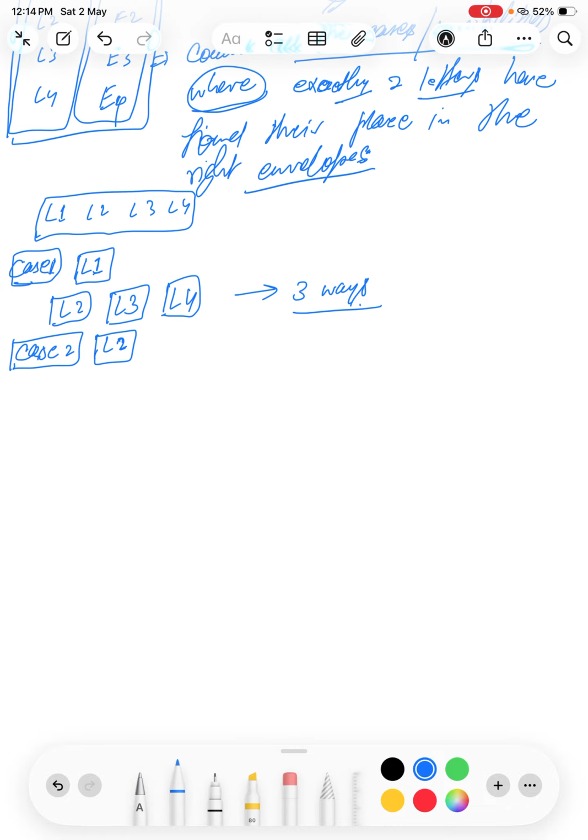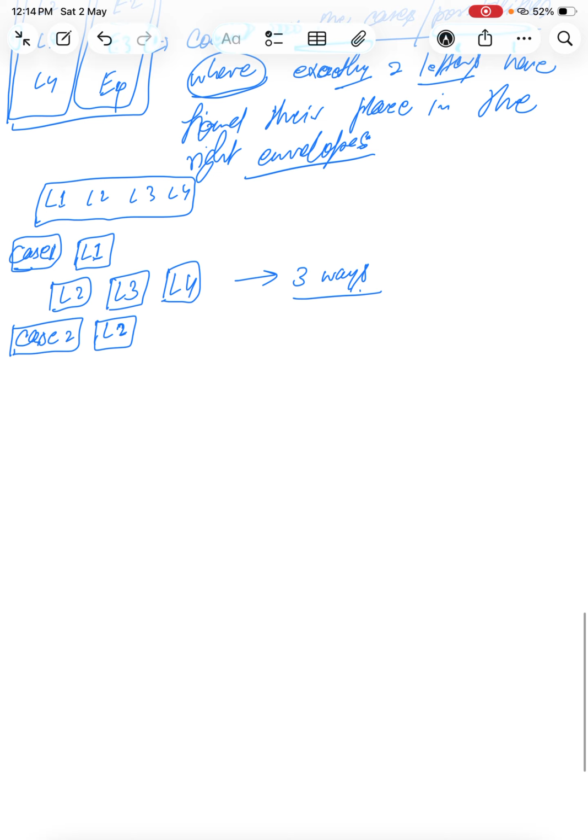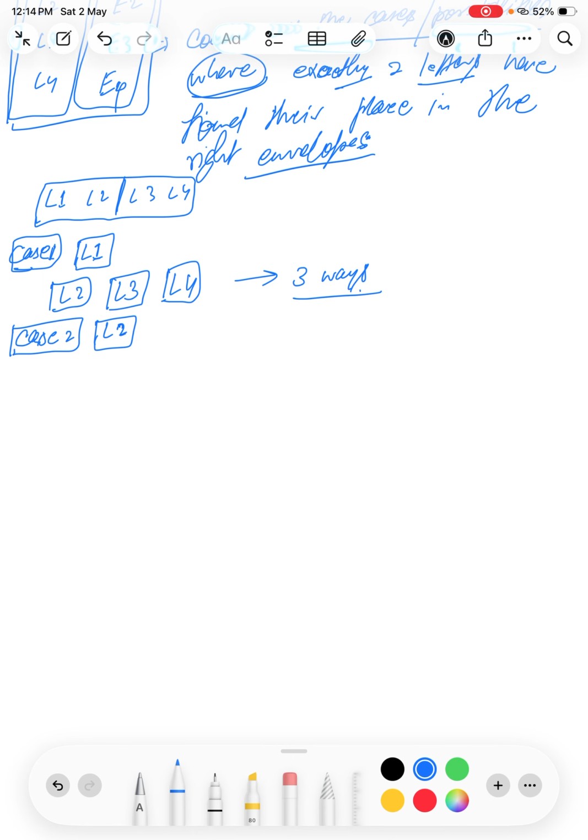When I am taking L2, I'll not take L1 because L1 and L2 I have already considered. So I'll take the others which are coming after L2, because L1 I have already taken along with L2 in the previous case. So in this case, L2 along with L3 and L2 along with L4. These 2 ways.